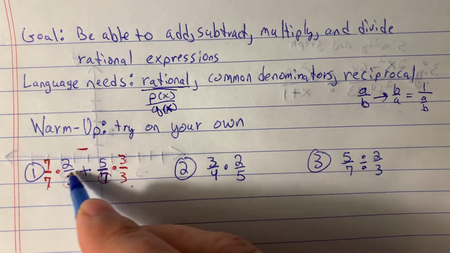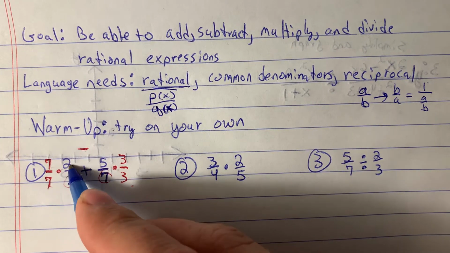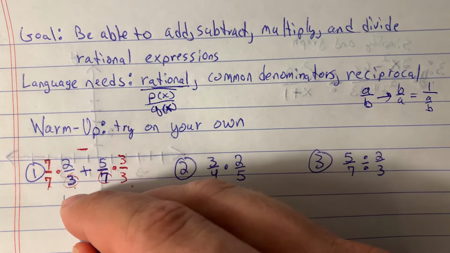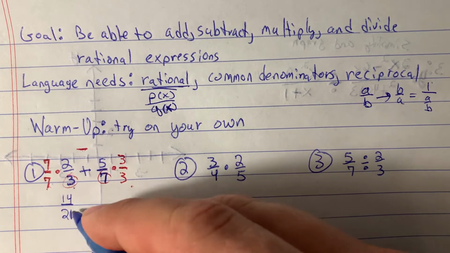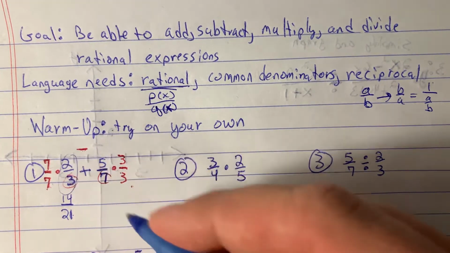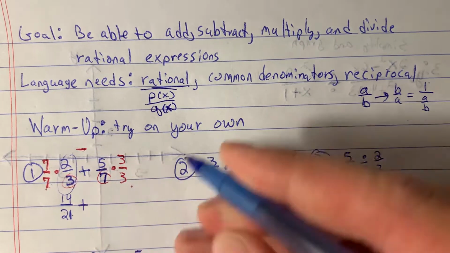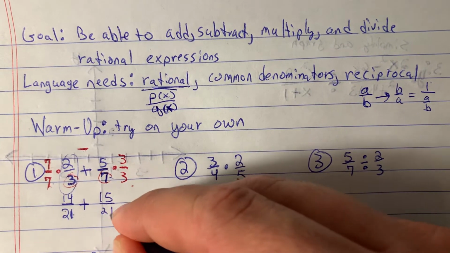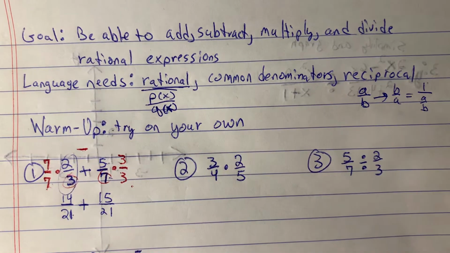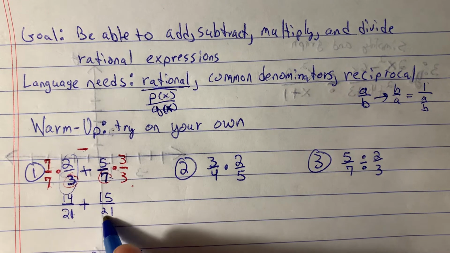When we multiply straight across, 7 times 2 is 14, 7 times 3 is 21, and 14/21 is 2/3, just written a different way. 5 times 3 is 15, 7 times 3 is 21, and 15/21 is still 5/7. But we now have a common denominator.